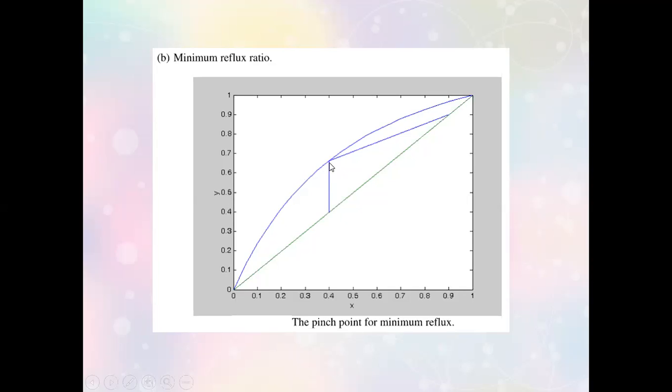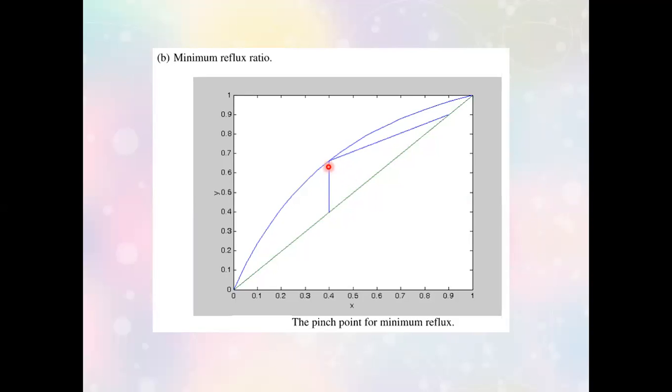Where your feed line intersects the equilibrium curve in determining the pinch point is the same point where your enriching section operating line will meet your feed line. It's because your enriching section operating line and your feed line are going to meet in this particular point we call the pinch point. So their intersection will also be that point.